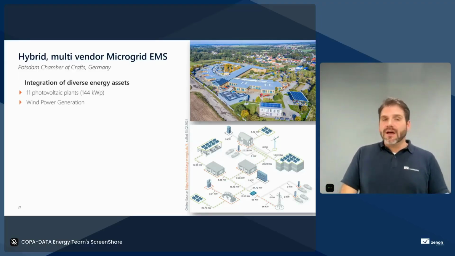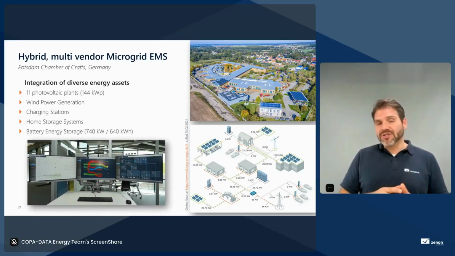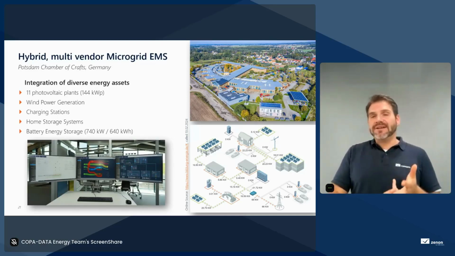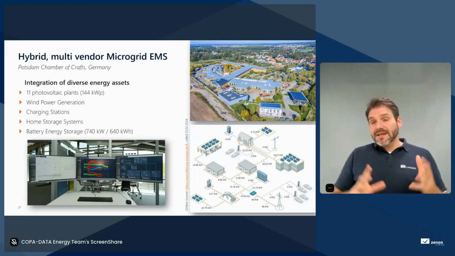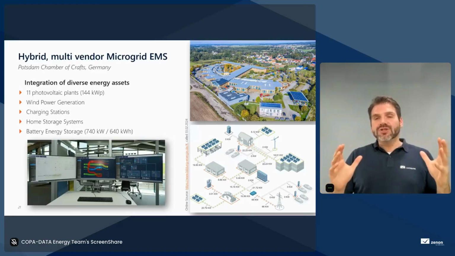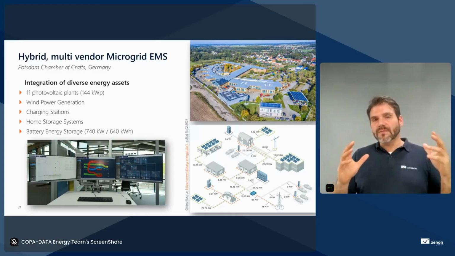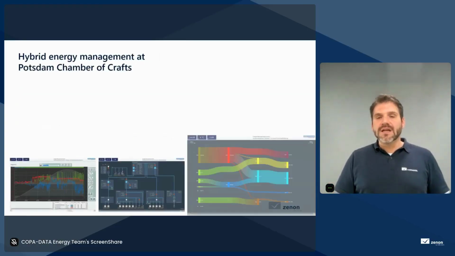For example, there's 11 independent photovoltaic plants, there's wind power generation, there's a charging station, home storage system, and a larger scale battery energy storage system. And in the end, they used zenon in order to combine all that into a central hybrid microgrid energy management system. Let's have a look at the detailed screens.